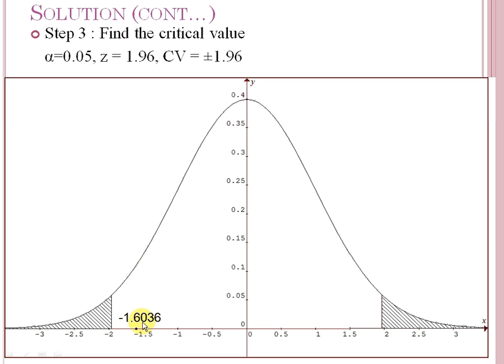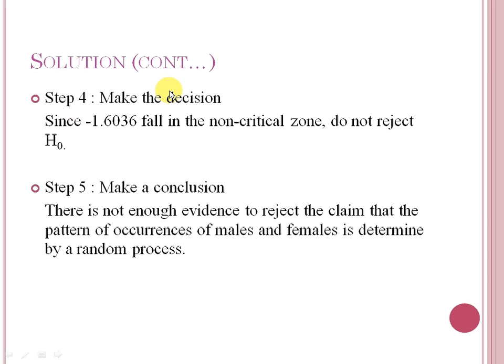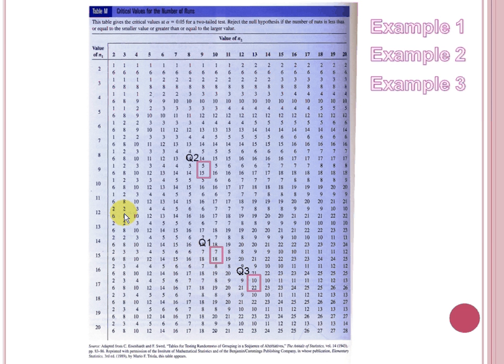Our test value of negative 1.6036 falls in the non-critical region, so we do not reject H naught. The conclusion is there is not enough evidence to reject the claim that the pattern of occurrence of male and female is determined by a random process.